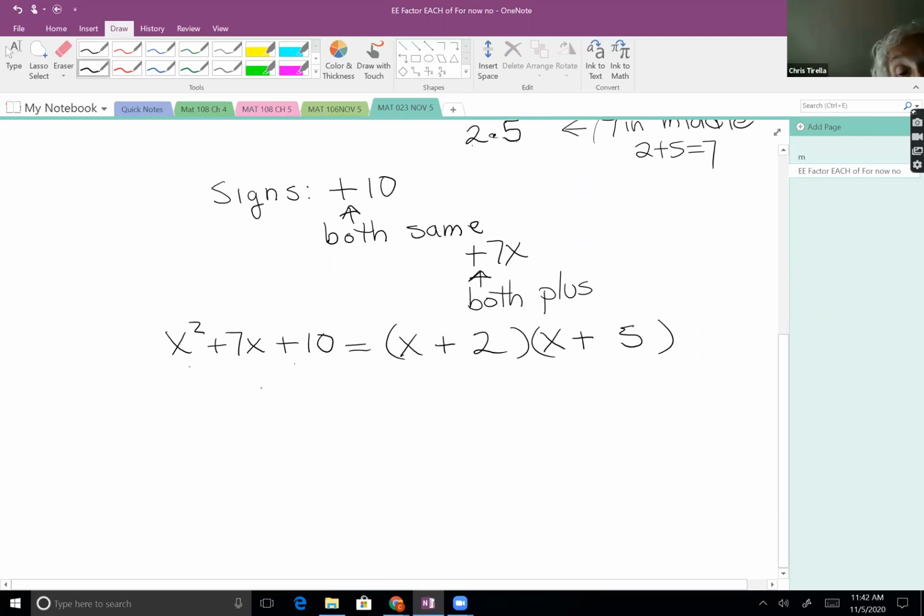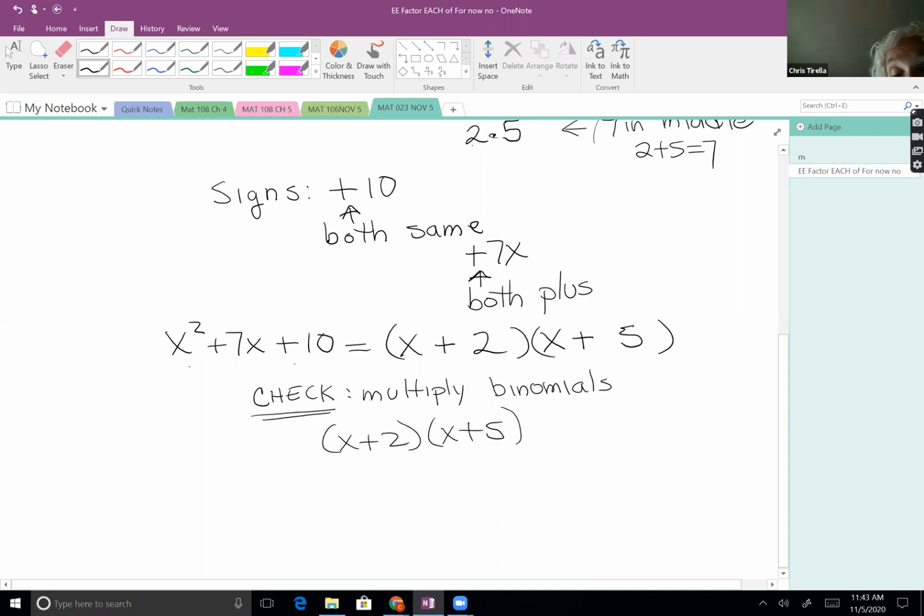With these, it's really important that you check. And to check, you have to multiply the binomials. So when I take x plus 2 times x plus 5, first, I already knew that the first would give me x squared. Outer would be 5x.